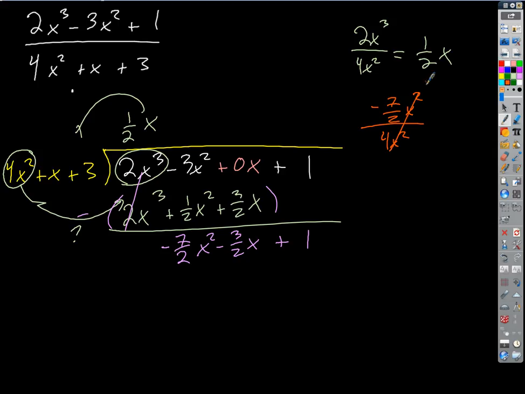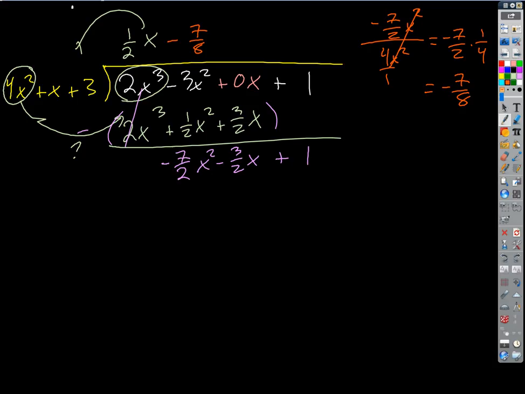And negative 7/2 divided by 4 over 1 is the same as negative 7/2 times 1/4, so negative 7/8. So our next term is negative 7/8.